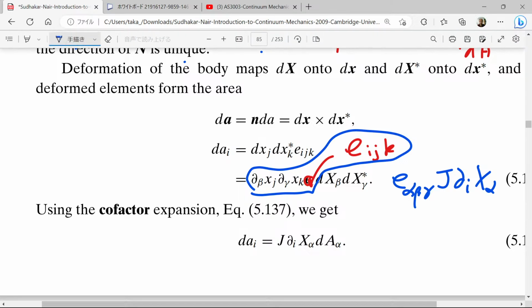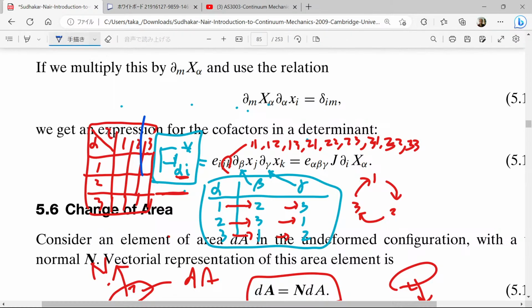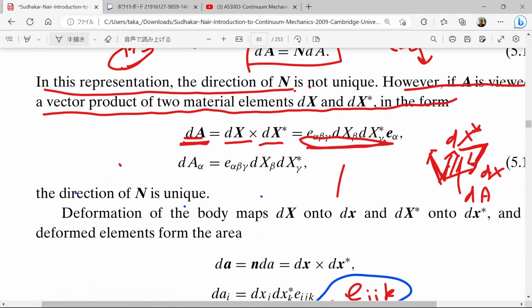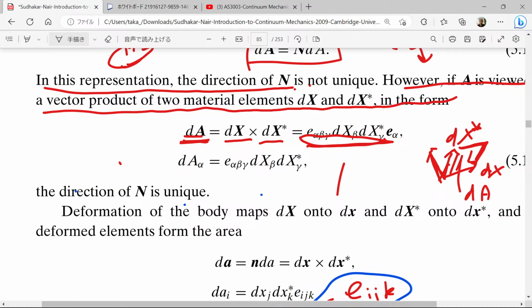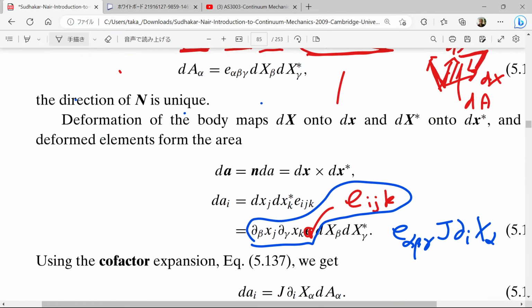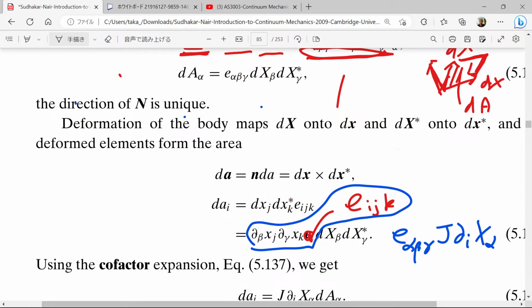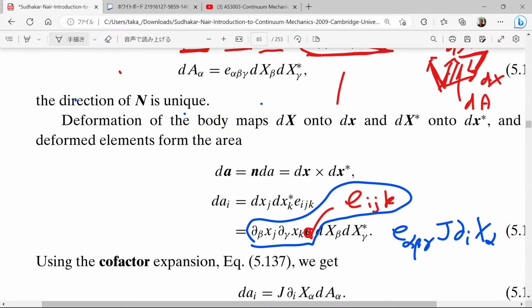Is it partial or this is partial I, X alpha? I think it is okay.